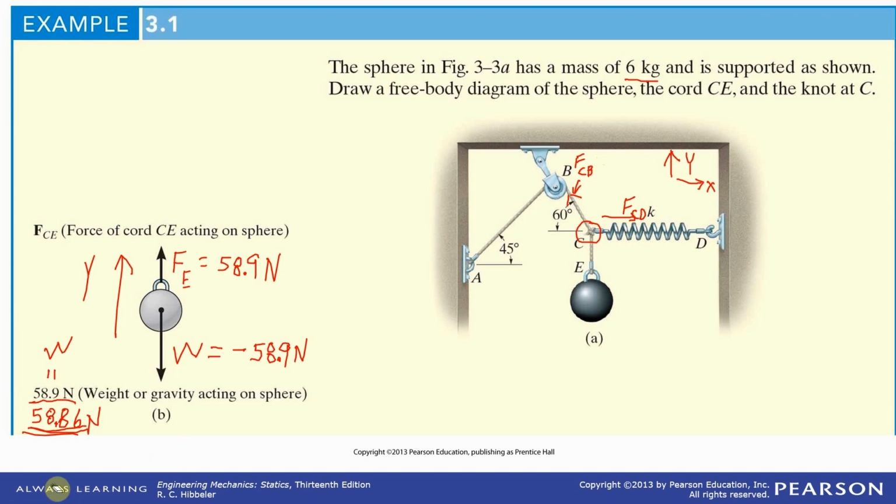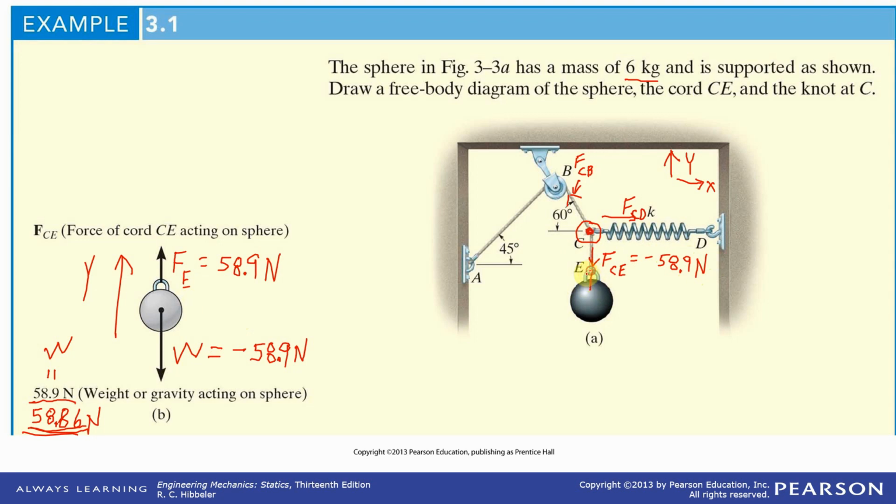Directions, one more force, and I'm going to stop the video, pick up the rest of this after the break, or maybe I won't pick it up after the break. Maybe I'll do it now. FCE, and we know we've got the 58.9. This is the force acting on the knot.